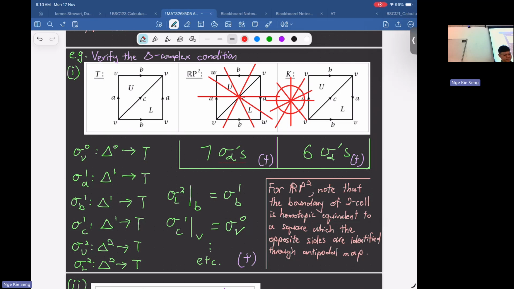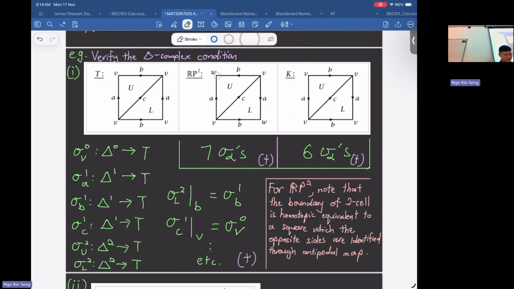This identification is done on the XY plane, and that is how you see the RP2. But if you pick equivalence classes for the positive X, then this identification on the boundary is done on the YZ plane.